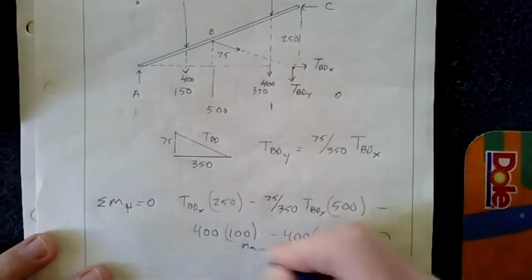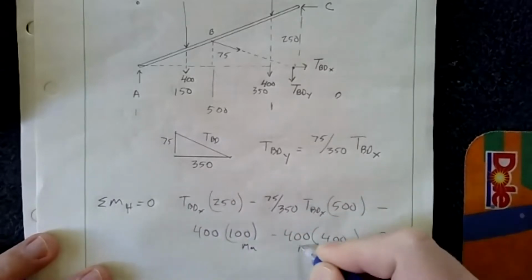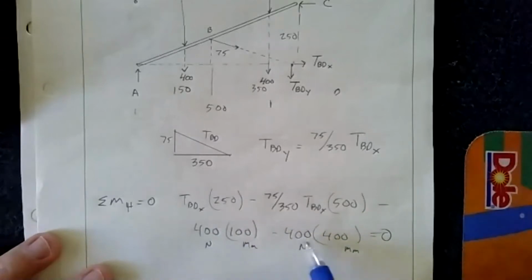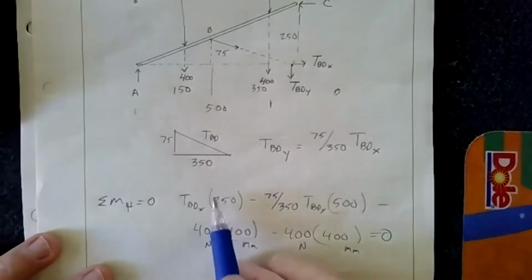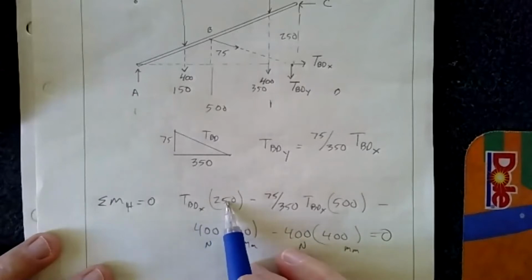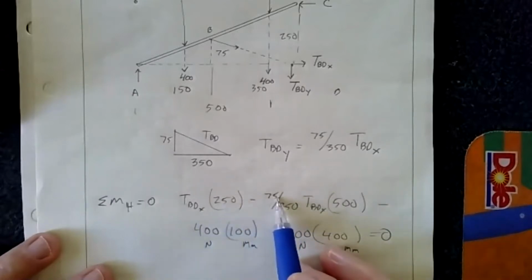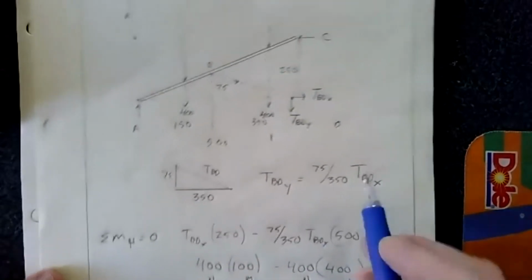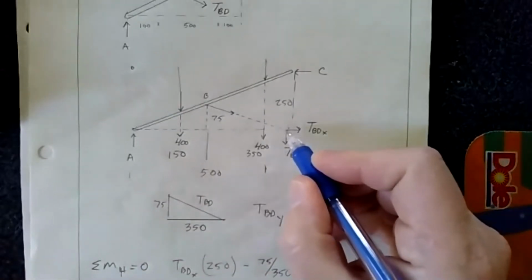Let me put those in there. So 400 newtons, 100 millimeters, minus 400 newtons, 400 millimeters. And then TBDx times 250, and then TBDy, which I substituted for that, times 500, and that's acting down here.